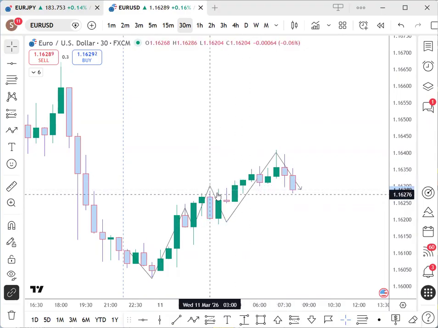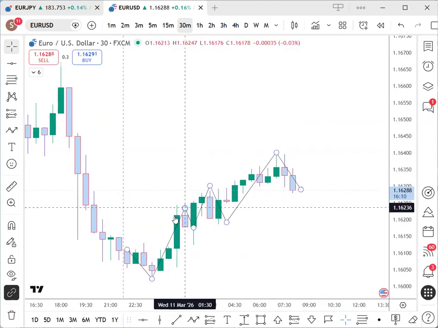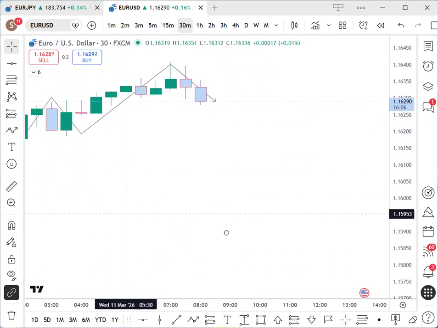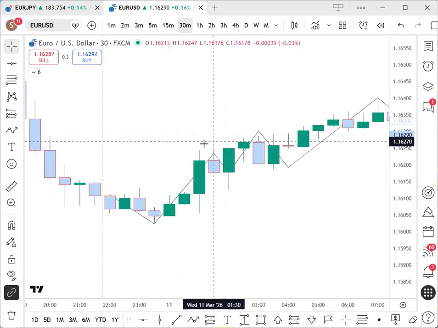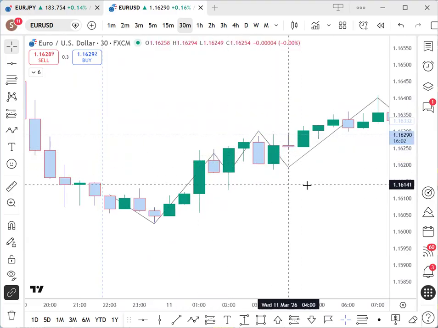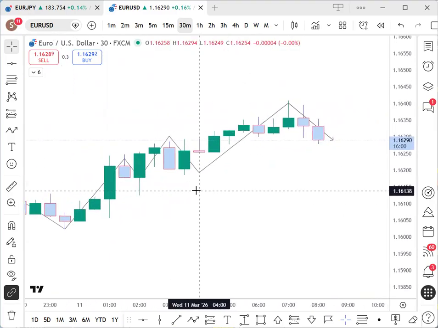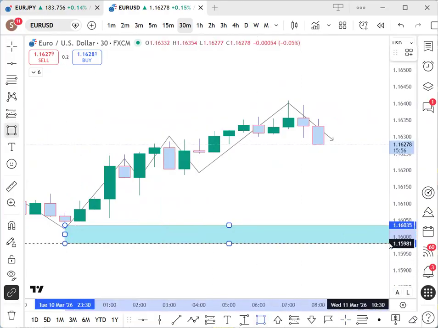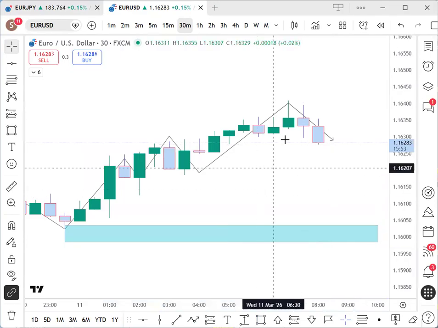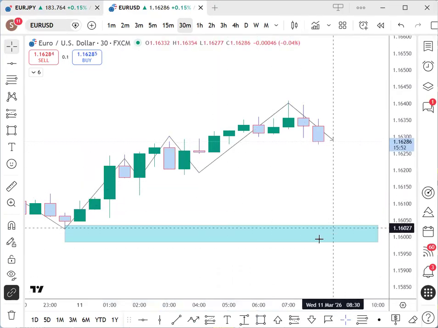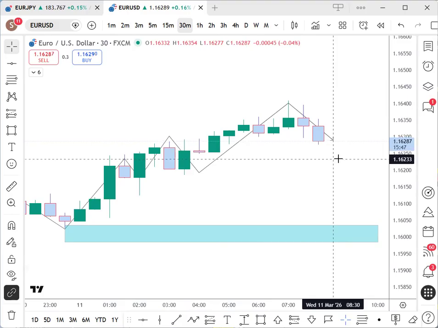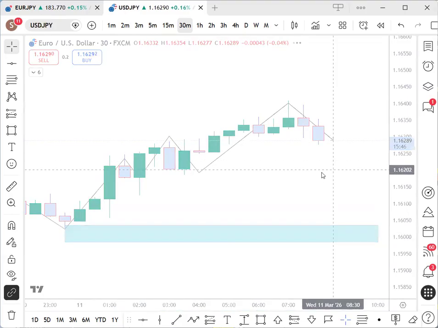This one, I can't see a very nice one here, because all these other ones, the wicks are higher than the candles before it. So I'll just take this ultimate low that it started from as my line in the sand. So until price breaks below this level, we know that it's no longer going to go up. Okay.